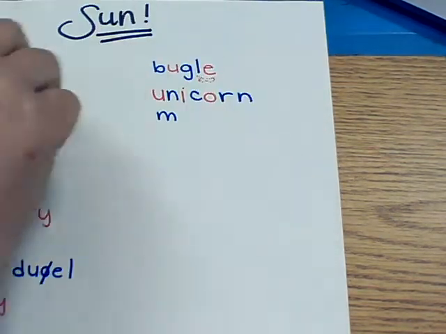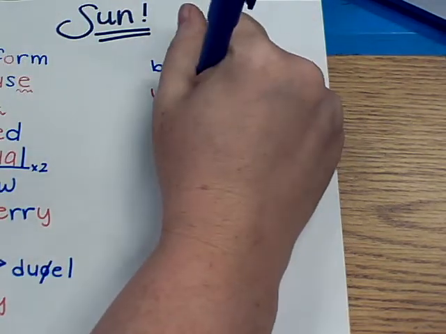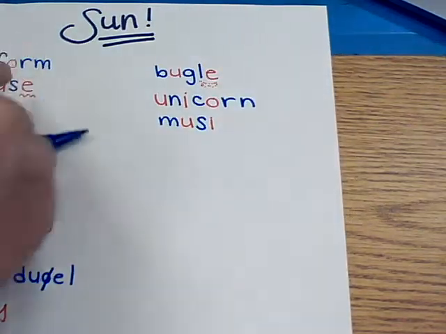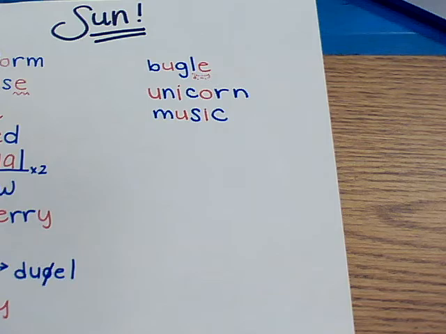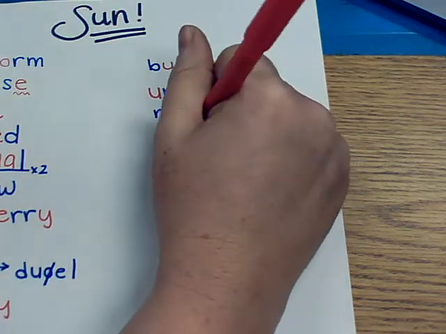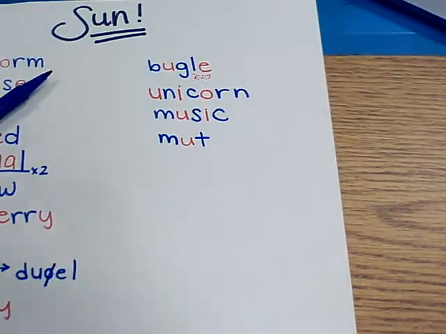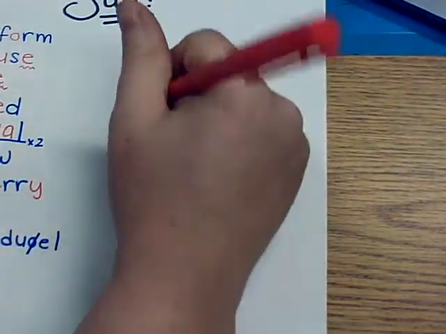M-U-S-I-C. And the last word, hopefully you didn't do this throughout my whole video, and that is muted. M-U-T. Then an E, and that's our silent E, our last one.